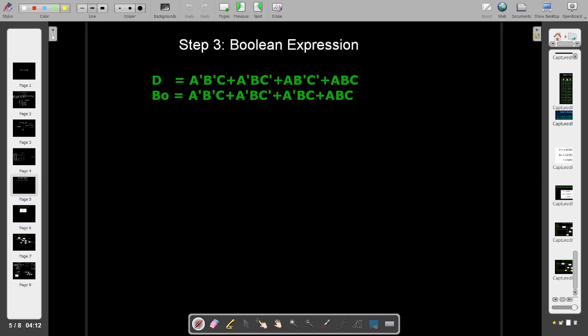So this is the Boolean expression, and we got this expression already. I have derived it, right? So from this we can go for the simplified one. So first we start with this D, how to simplify for this.